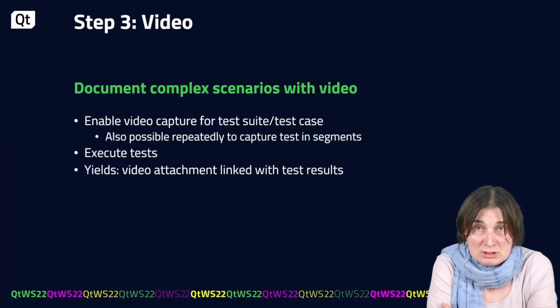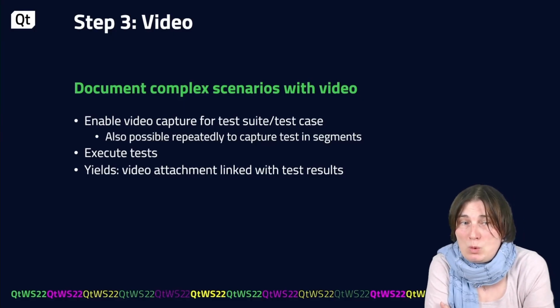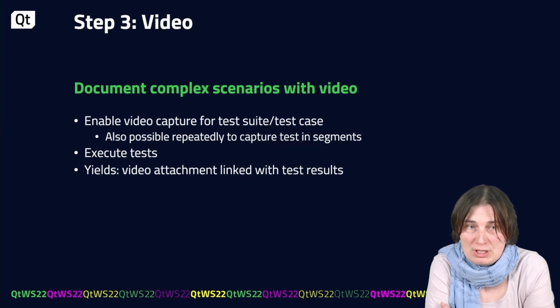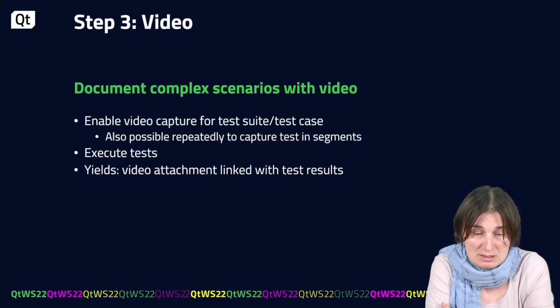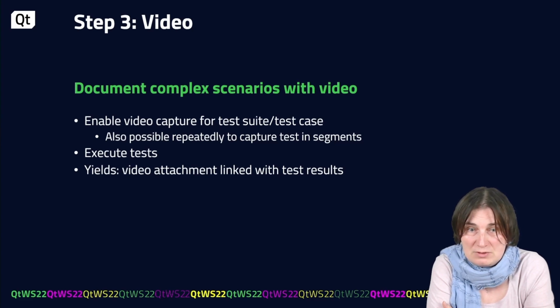But what to do in even more complex cases where one image is no longer enough to describe the full extent of what was happening in the test on the system in general? Well, for that, we can document the course of the test case with video.